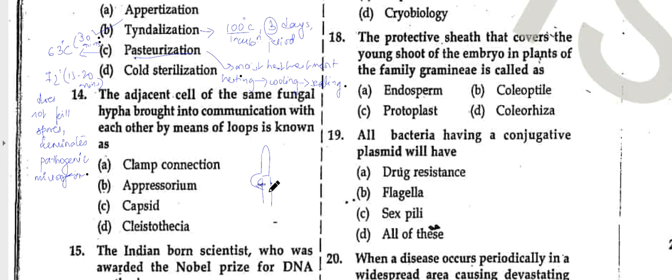This kind of connection through which the nuclei can move is known as clamp connection. For example, in Basidiomycetes, clamp connection is visible. So the answer will be A.